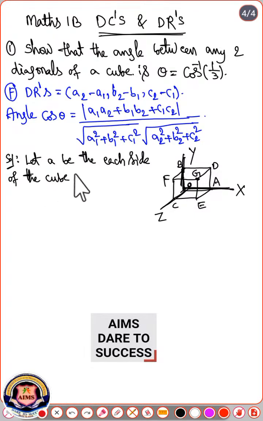That is, OA is equal to OB is equal to OC is equal to a, all sides are equal to a.